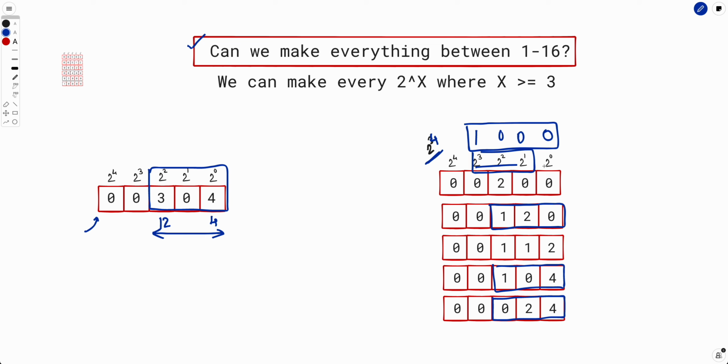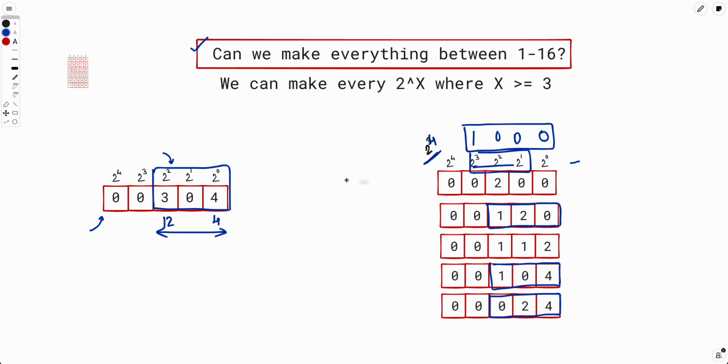If there are enough 2 power 0 to sum up to 16, you should be able to convert these 2 power 0 to 16 without any difficulty, in the process that we just saw a while ago. So I hope this intuition makes sense. Basically what we are saying is, if the sum is greater than or equal to 2 power x, I should be able to make 2 power x. That is something we have just seen.